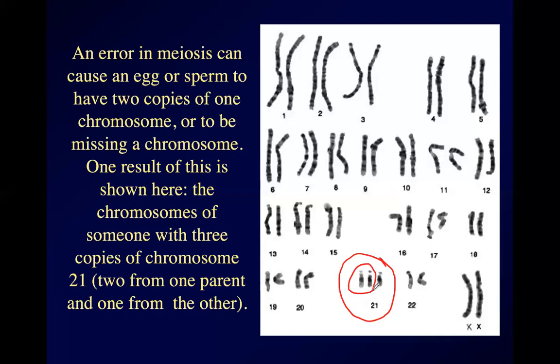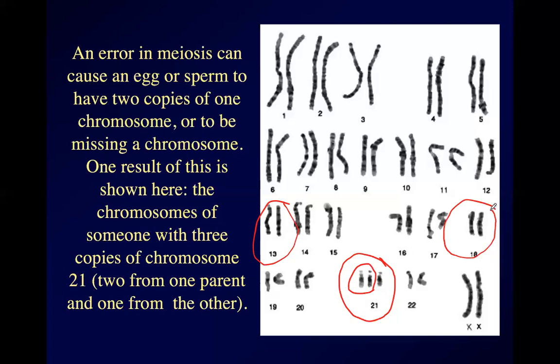Most of the time, if you get an extra chromosome, a baby with an extra of a chromosome other than 21 usually just miscarries and is never born at all. You can have babies that are born with 3 copies of chromosome 13, that's called Patau syndrome, or 3 copies of 18, that's called Edwards syndrome.